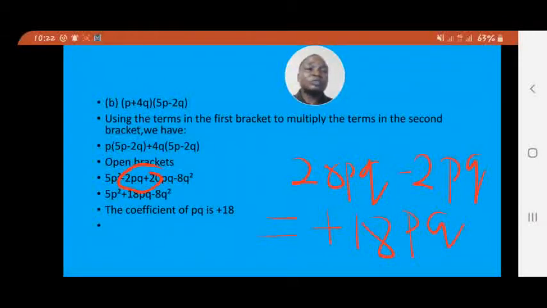Remember, this 20pq is the same thing as plus 20pq because every number has a plus in front of it. That is the final answer, as you can see at the middle.